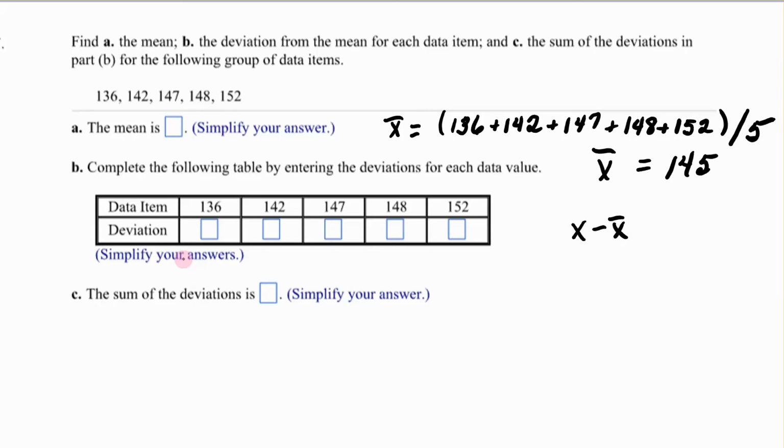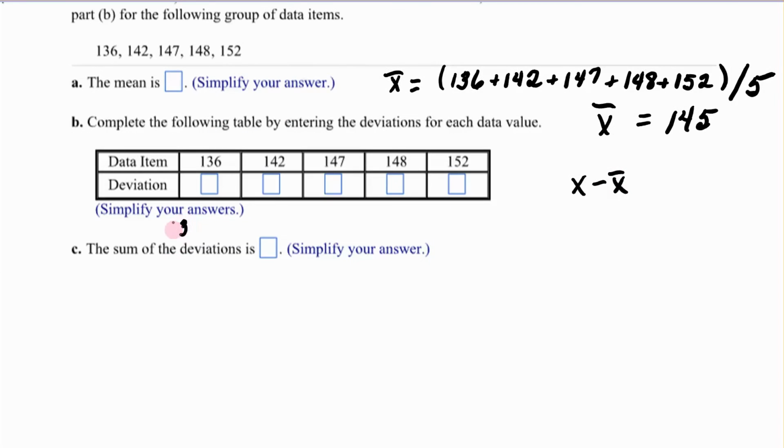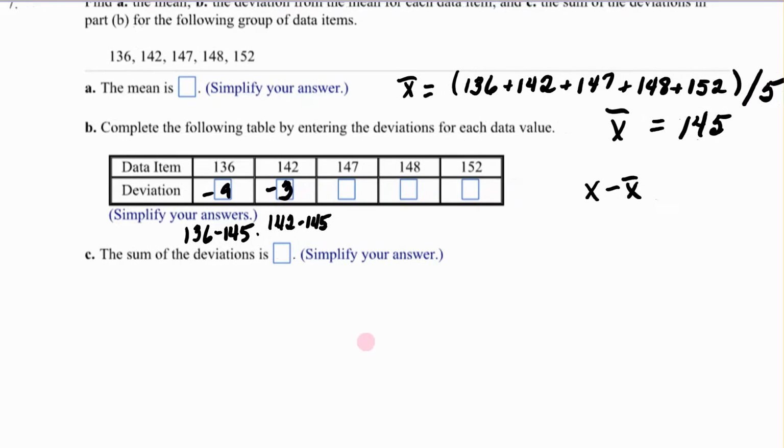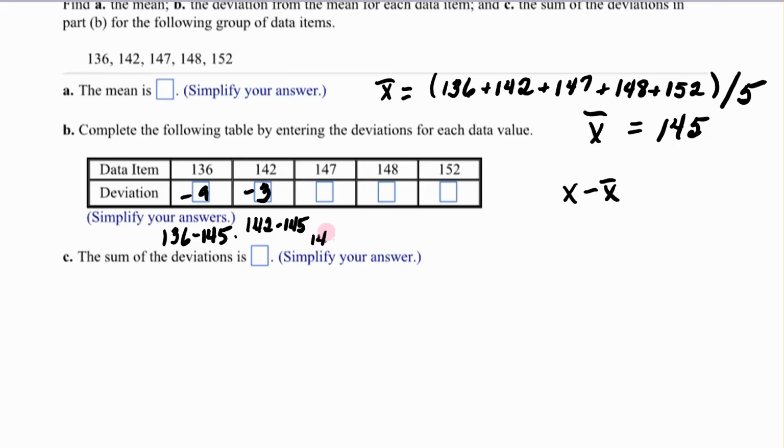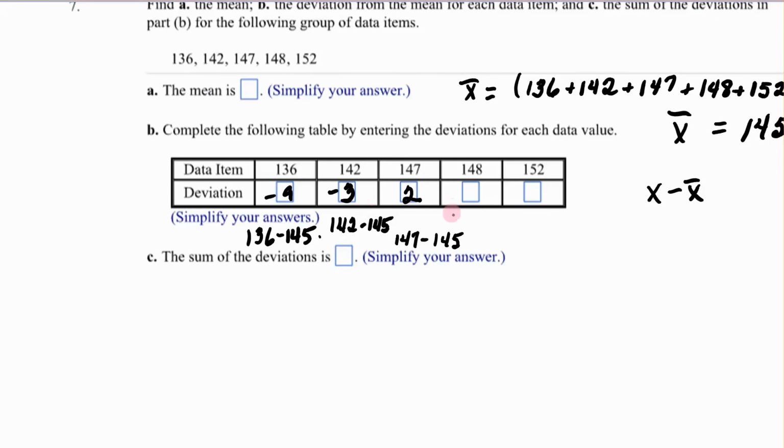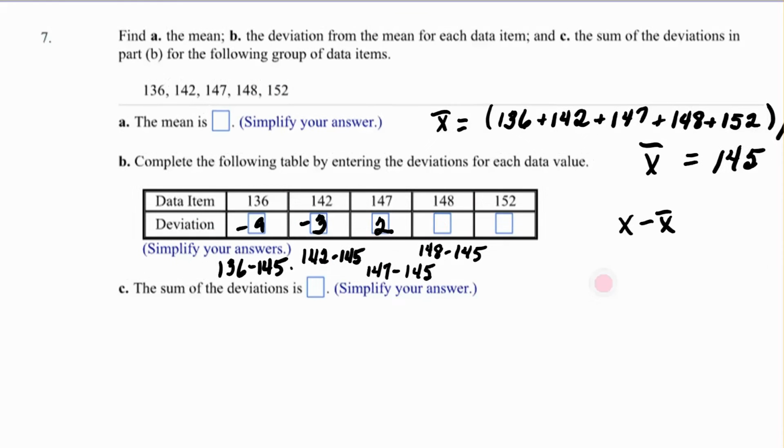So for the first one, 136 minus 145 gives me negative 9. 142 minus 145 is negative 3. 147 minus 145 gives me 2. 148 minus 145 is 3.